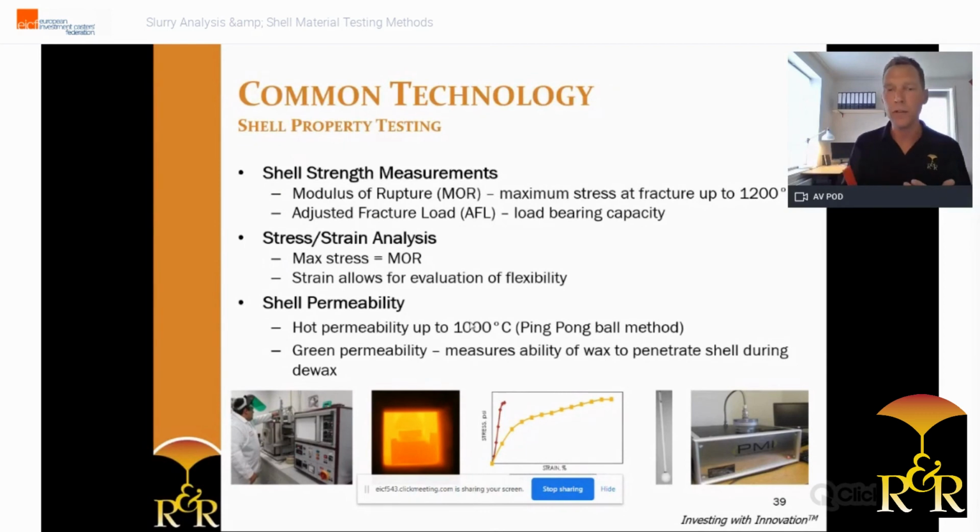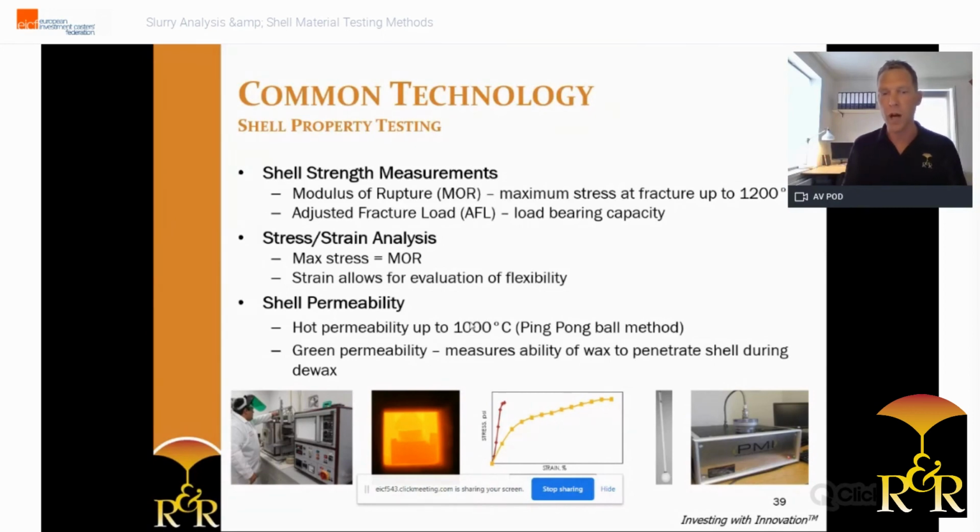AFL is very similar to MOR, but it measures the actual load-bearing capacity and depends on the thickness of the shell. But we also developed a stress-strain analysis, where MOR looks at the maximum stress on the shell when it breaks. Stress-strain analysis tells you something about the flexibility of the shell system.